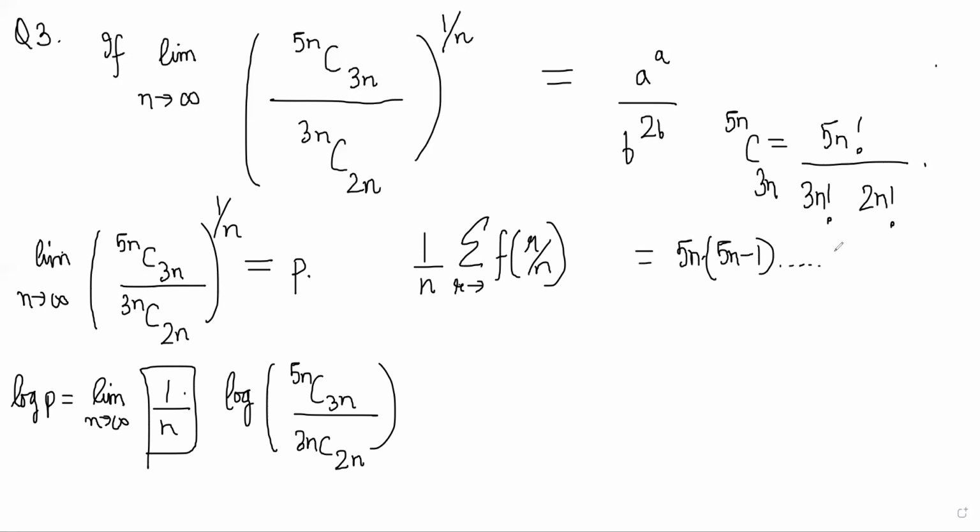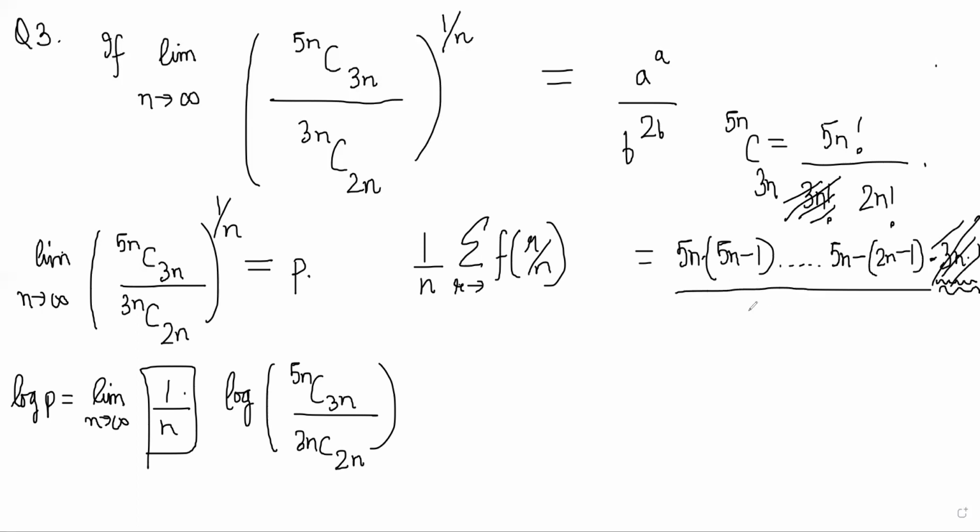Then it will be 3n plus 1, and the next one will be 3n. And after that, it will be numbers lesser than 3n. Everything beyond this 3n point can be cancelled by the 3n factorial. So you can remove that.